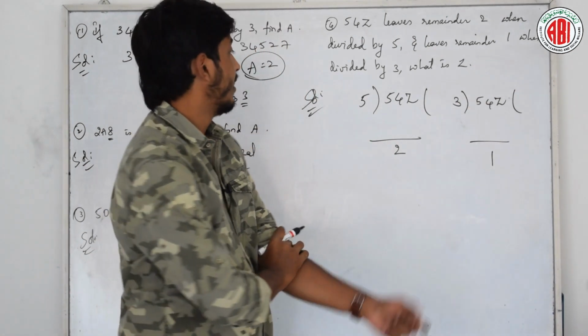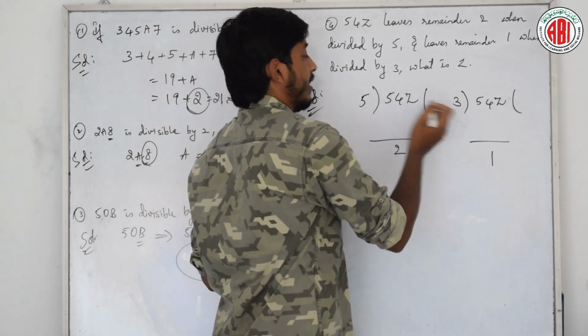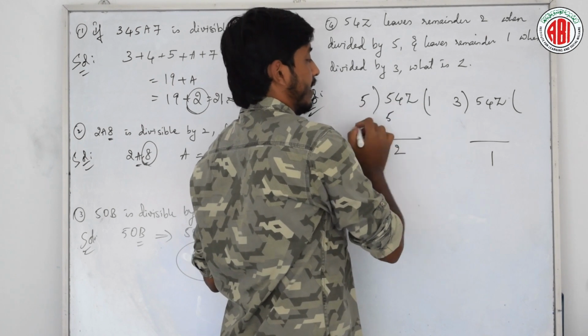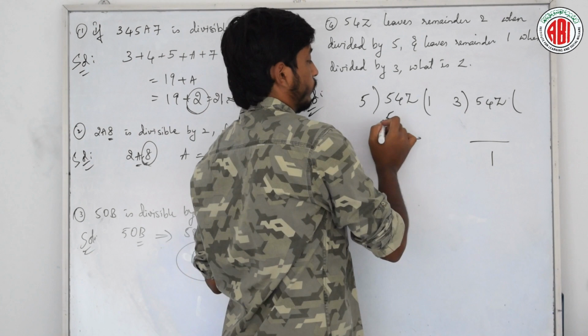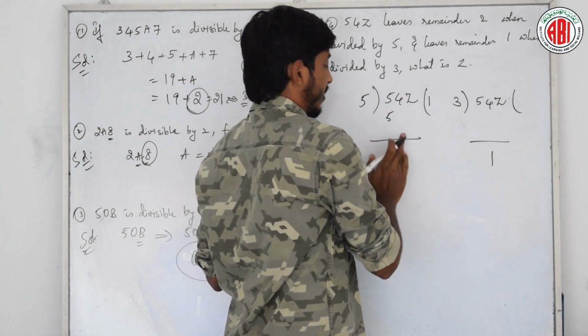Tell me. Just write 5 ones are 5, and the next, then 5 will go, 4Z will be left.